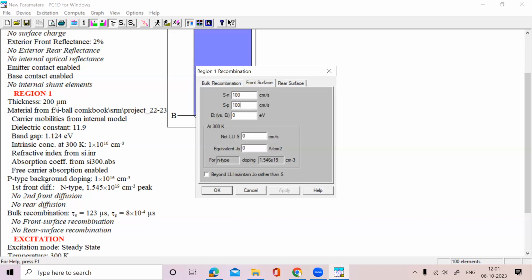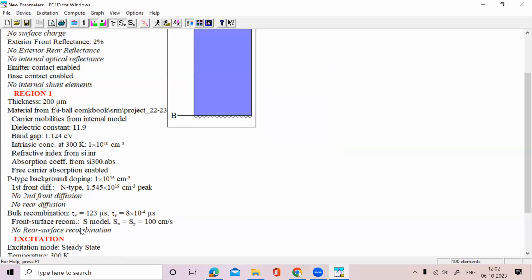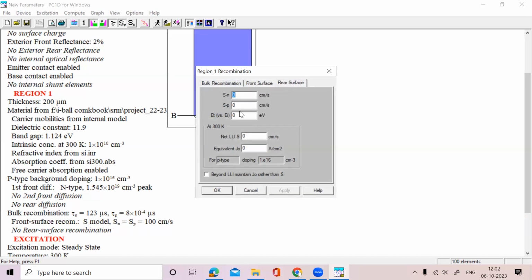Because on my front side passivation is there, and on my back side there is no passivation. Back passivation is very common, but I have not introduced it. If you want to introduce it, you can. So I am giving 100. For the rear surface recombination I am giving the value 1000, both S and SP.